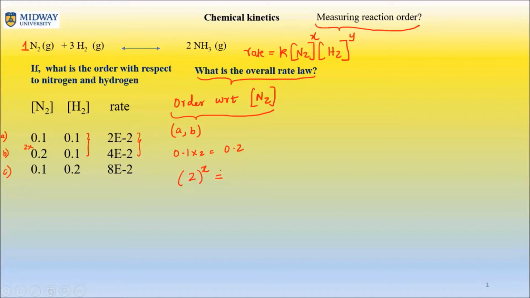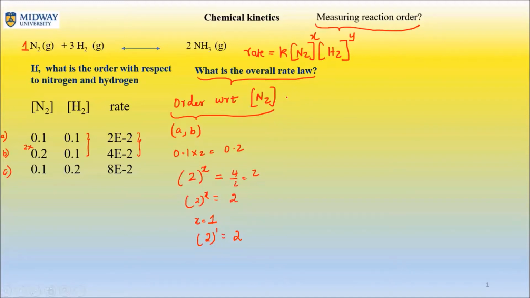Because 4 over 2 is 2. So essentially, the exponent will be the same, so I cancel out. So essentially, 2 to the x equals 2. What do I have to substitute for x to get 2 back? So x has to be 1, right? So 2 to the 1 equals 2. So the order with respect to N2 is 1.